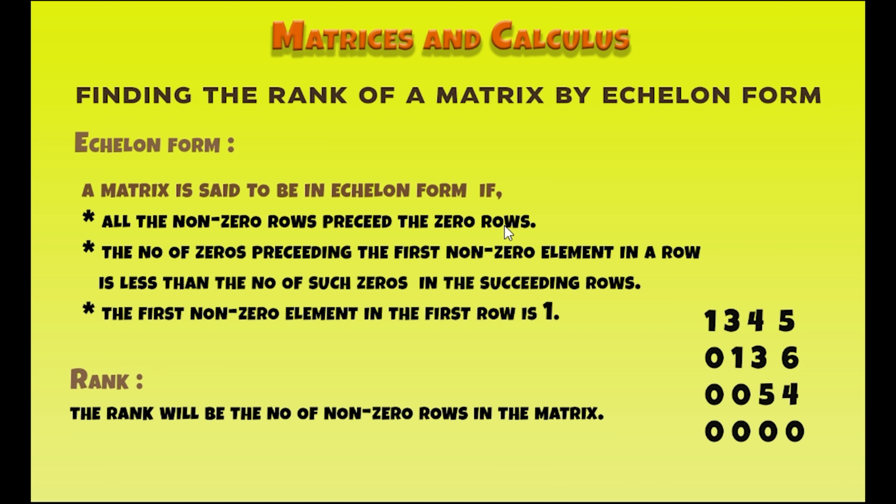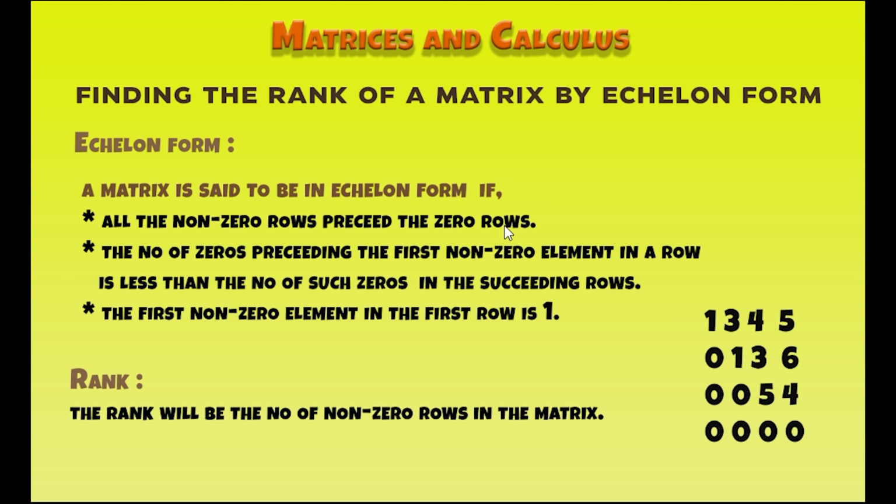So we can make an operation: R2 implies R2 minus 2R1. When we multiply the first row by 2, it becomes 2, this becomes 4, this becomes minus 4, this becomes 6. So 2 minus 2 is 0, 5 minus 4 is 1, minus 4 minus of minus 4, that is 0, 6 minus 6, we get 0.